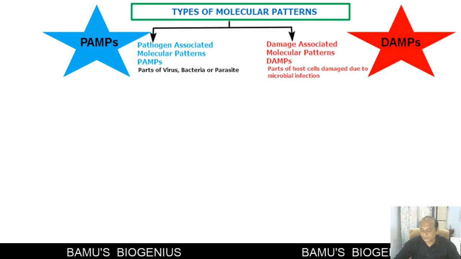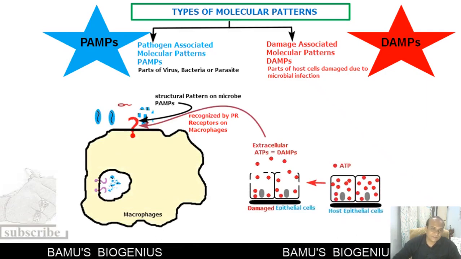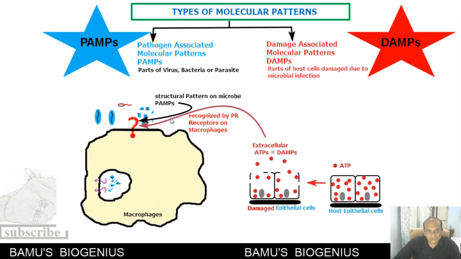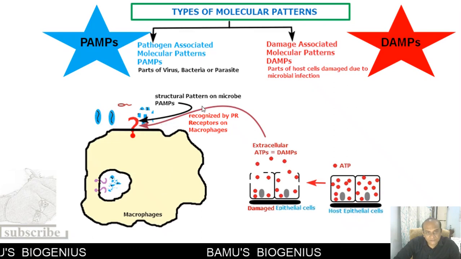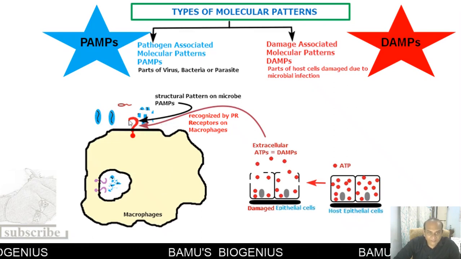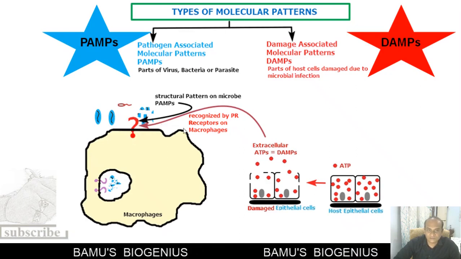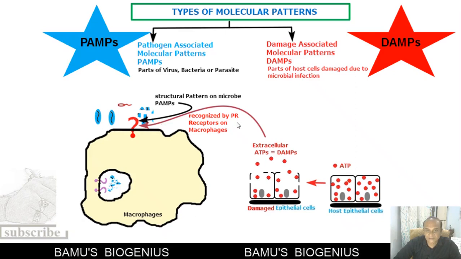You can see here, the example is the macrophage. The particular structural patterns of these microbes or parasites are identified by such sickle shaped receptors that are present on the membranes of these macrophages. These are called PRRs, or pattern recognition receptors.